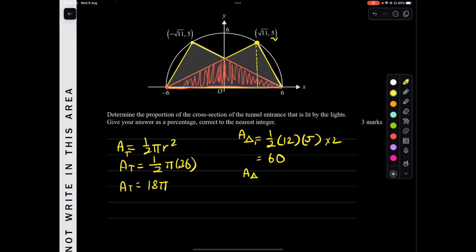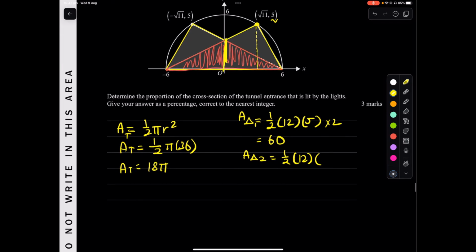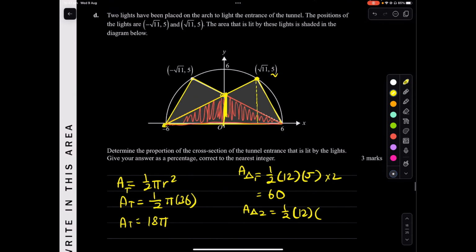So triangle 2 is half, your base is still 12, but that height here is what? So to find that height, I know this gradient over here, which is 5 minus 0 over root 11 minus negative 6, so plus 6.